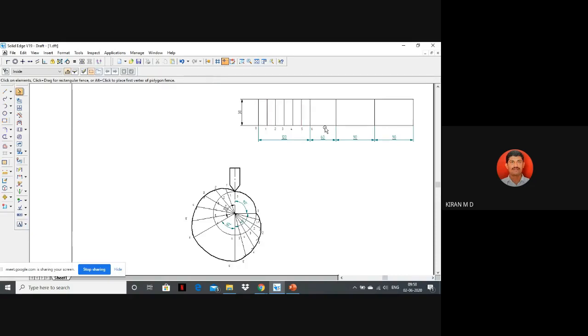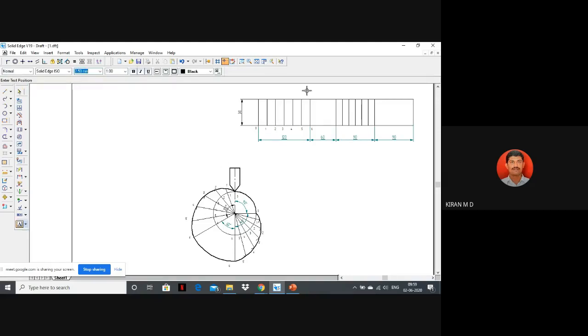First you create this one. Again for this one also, divide into 6 parts.